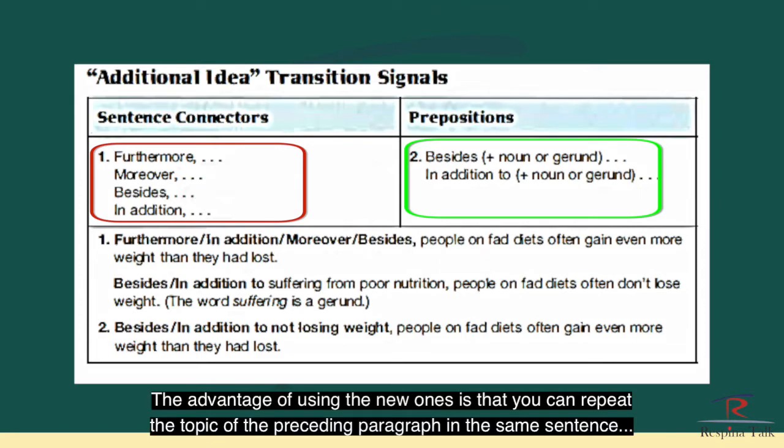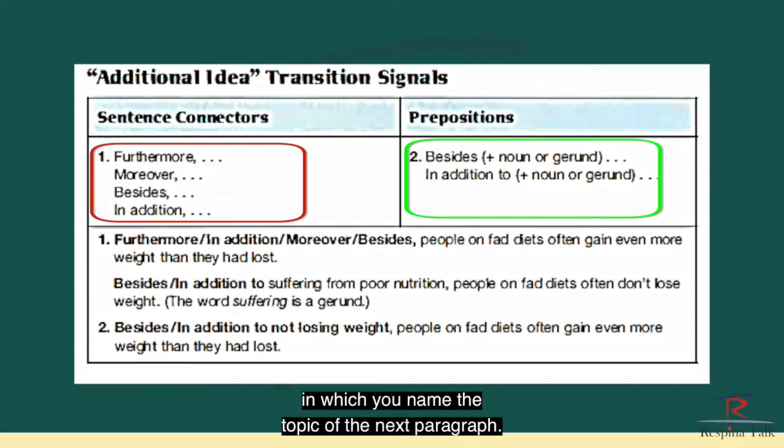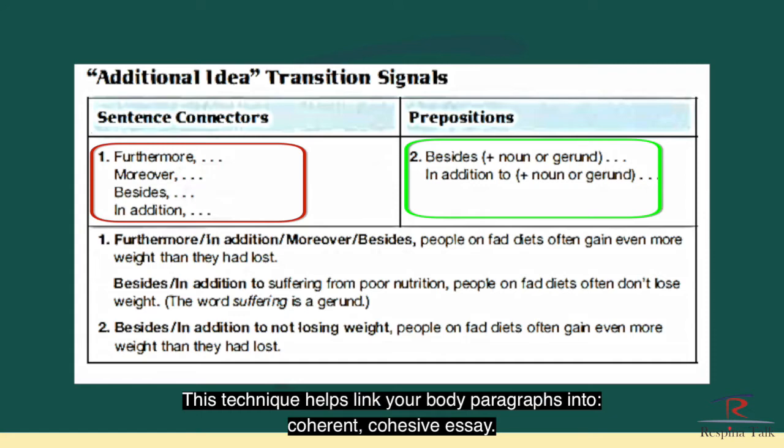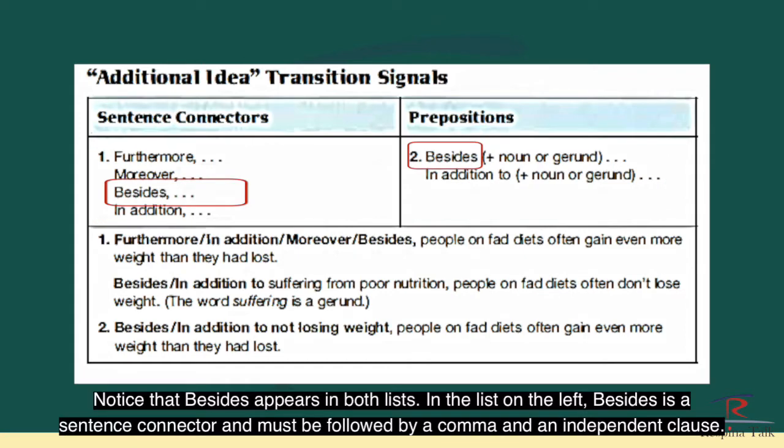The advantage of using the new ones is that you can repeat the topic of the preceding paragraph in the same sentence in which you name the topic of the next paragraph. This technique helps link your body paragraphs into a coherent, cohesive essay. Now, notice that besides appears in both lists.